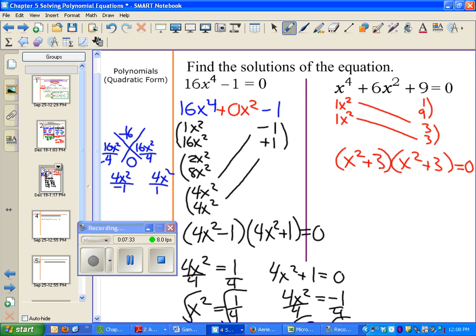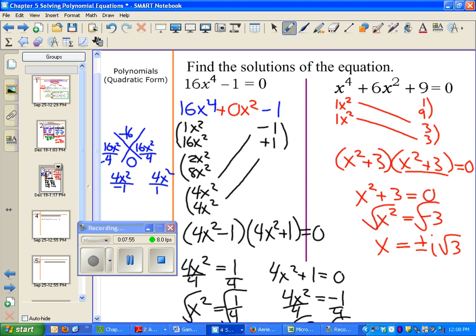Right, so when I solve that, I have x squared plus 3 equals 0. I subtract 3. So x squared is going to be negative 3. When I square root both sides, I get x equals plus or minus i times the square root of 3. And I'll have 2 of those because this wouldn't be the same. Right, so these would not be x-intercepts if I were to graph this polynomial.